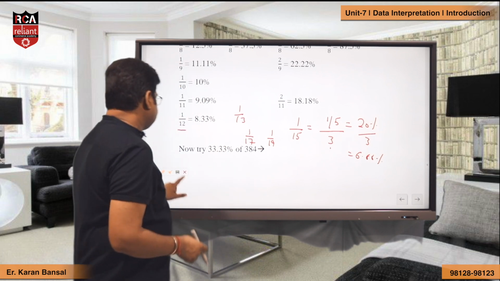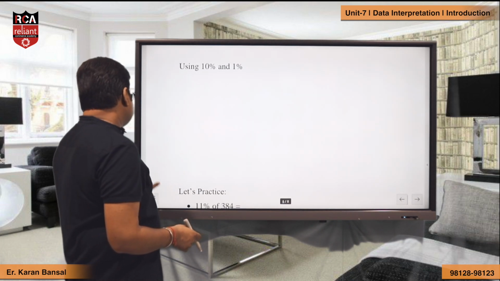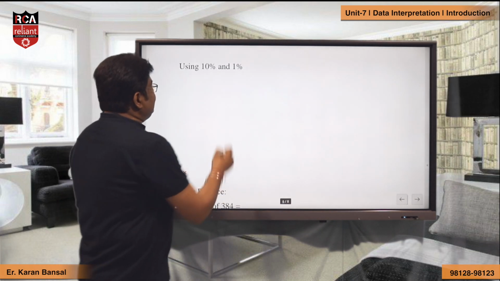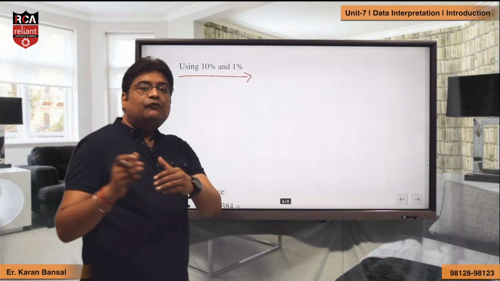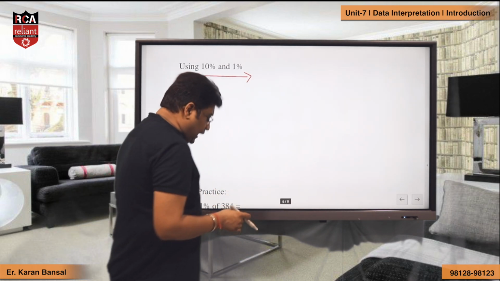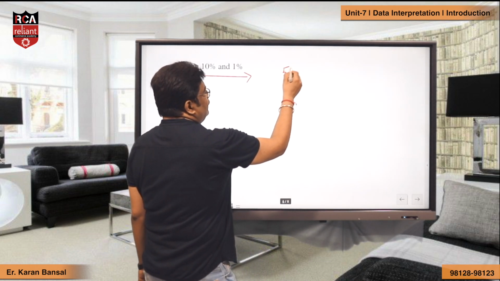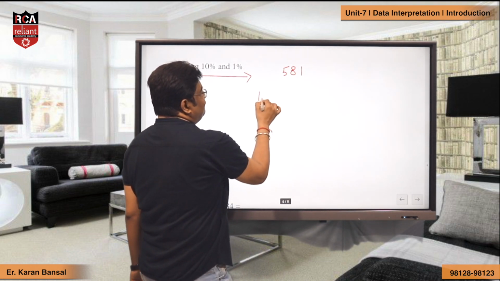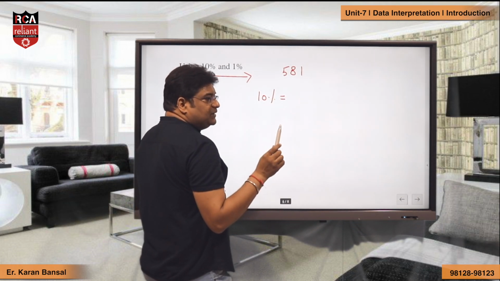Alright, fine. Now if I move on to the next part, finding 10% and 1% has to be used in conjunction with what we have already studied, the fractions and the percentages. So how we find 10% and 1% is, let's say I talk about a number, 581, and I want to find its 10%. Remember, finding 10% is very simple.